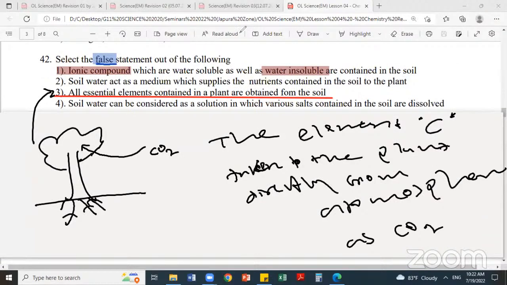I am asking now, water insoluble ionic compound. If you know, raise your hand. No one?